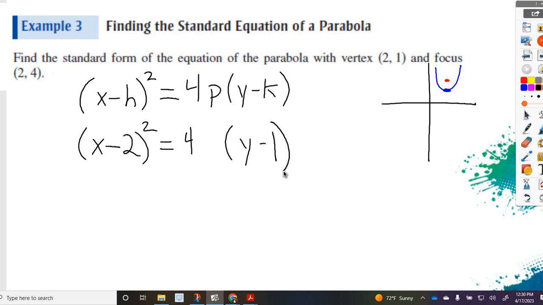What's our p value? Or in other words, how far away is our vertex to our focus? 3. So we should plug that in. So 4 times 3 gives us, and that's okay. So like I said, it's basically just using your different formulas to put it all into one.